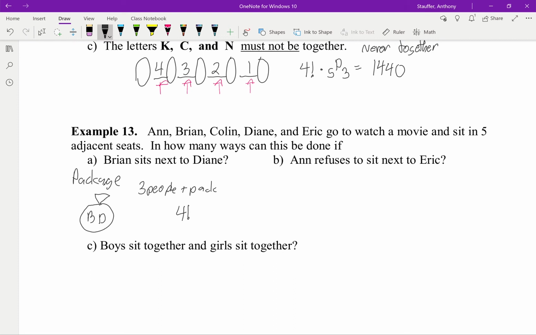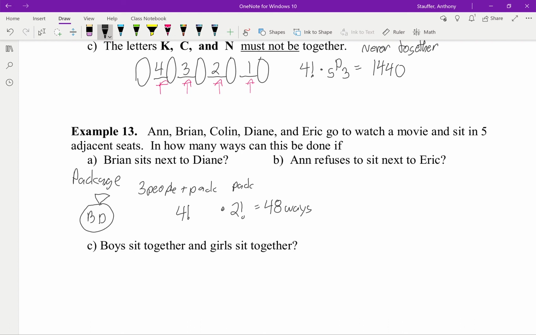But then I have the 2 people in the package, so that would give me 4 factorial multiplied by 2 factorial, which would give me 48 ways.